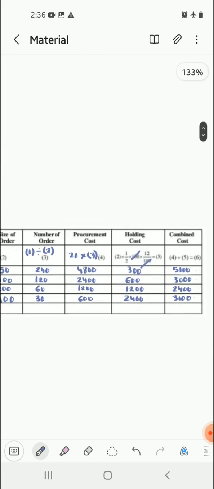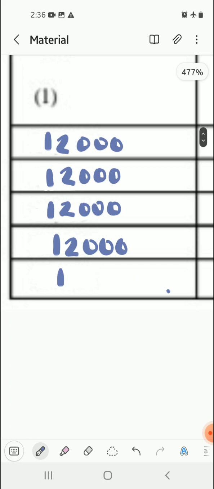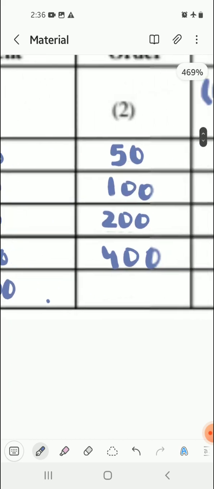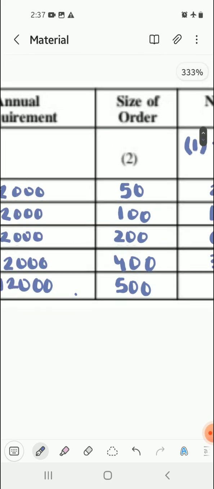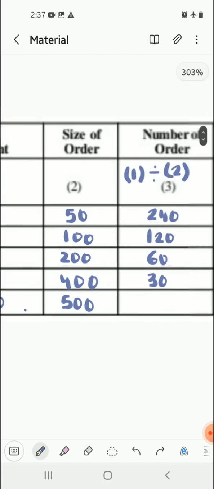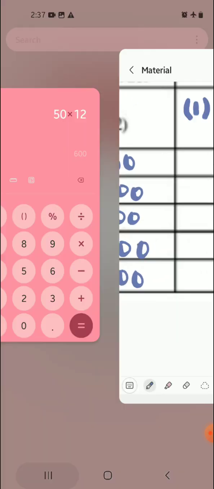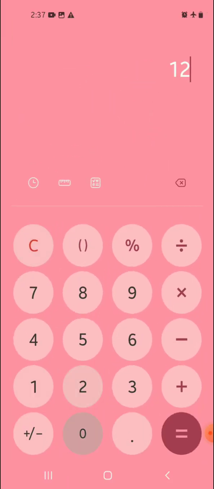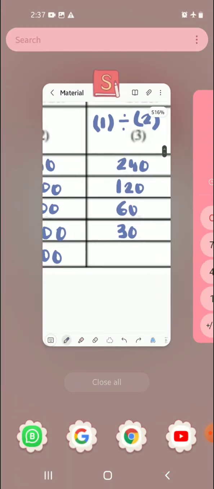Now finally we increase the lot further, like if we take for example 500 this time. So what happens is 12,000 divided by 500, we get 24.